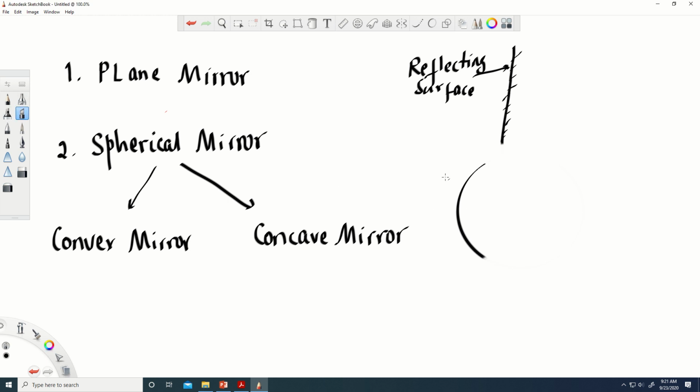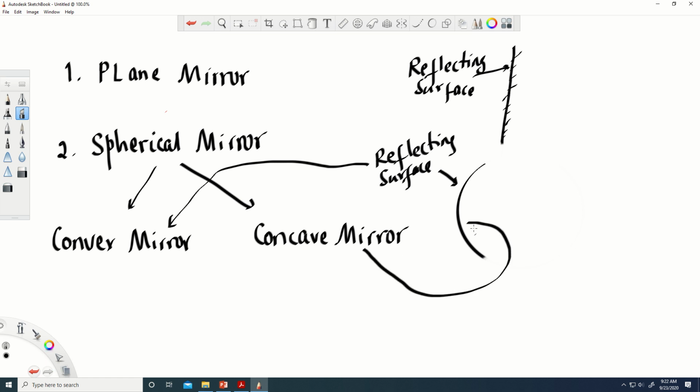Now if this outer part is the reflecting surface, it's called convex mirror. And if the inner part is the reflecting surface, then that's called concave mirror. Inner part reflecting surface is called concave, and outer part reflecting surface is called convex.